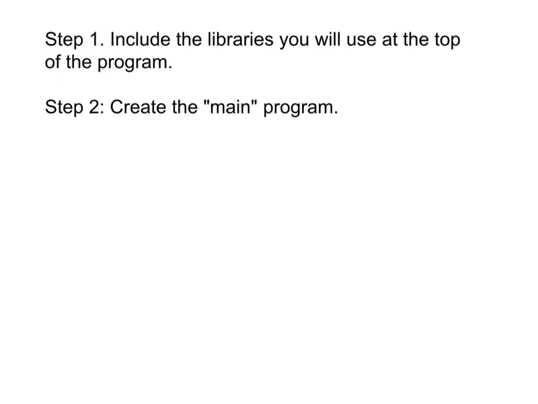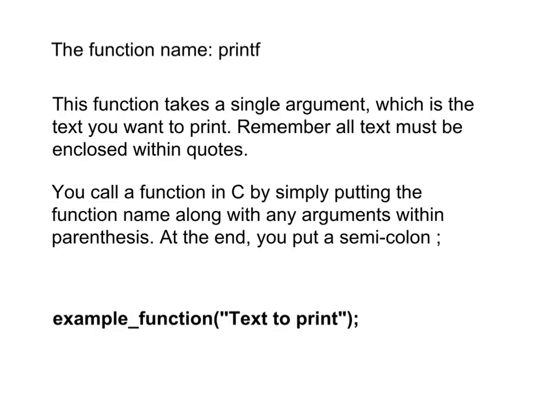So here's how this works. The function that we are going to use in order to print text to the screen is called printf. That's the name of the function. You call a function in C by simply putting the function name along with any arguments within parentheses.